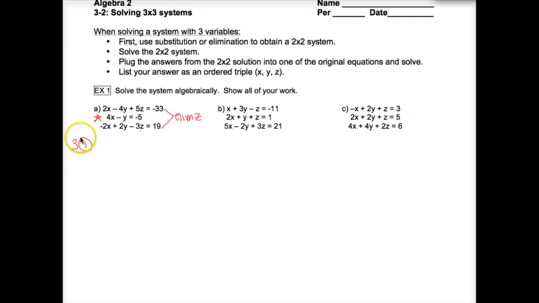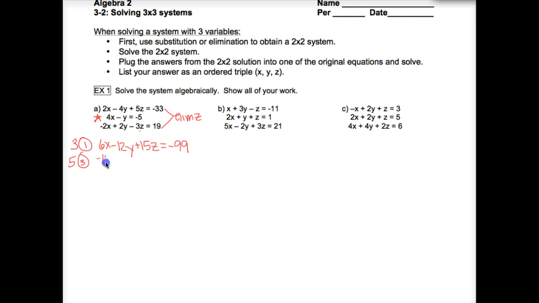So 3 times 2x is 6x. 3 times negative 4y is negative 12y. 3 times 5z is 15z. And 3 times negative 33 is negative 99. So if this one has a 15z, I need the bottom one to have negative 15z. It's already negative, so I just need to multiply by 5. So I'm going to do 5 times equation 3.